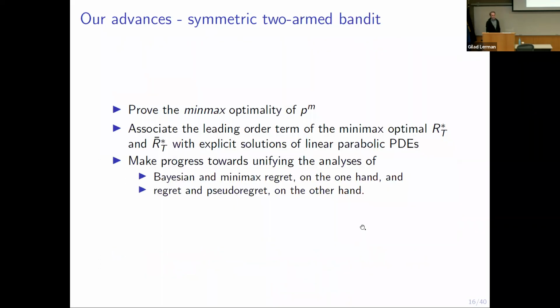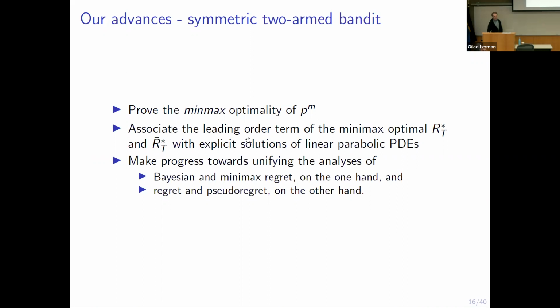And so what we did is we proved the min-max optimality of this player. That's a separate proof that is not PDE-based. But once we know the optimal player, we have been able to pose a dynamic programming problem and associate the leading order term of the min-max optimal regret and pseudo-regret with explicit solutions of linear parabolic PDEs.